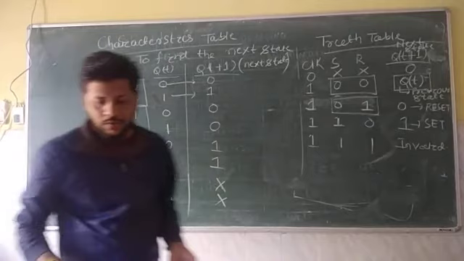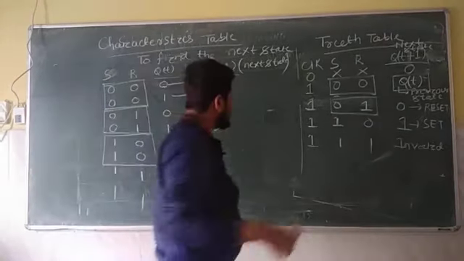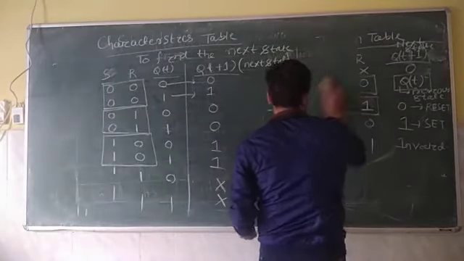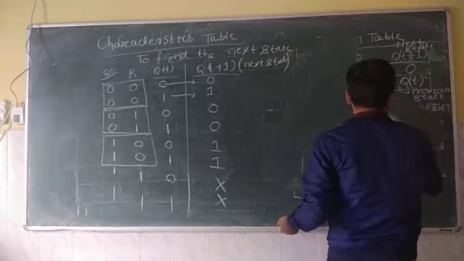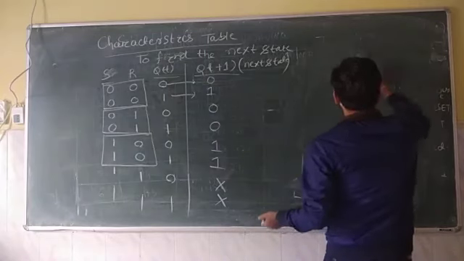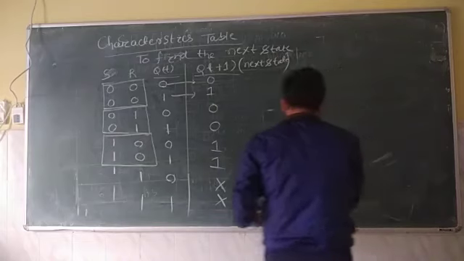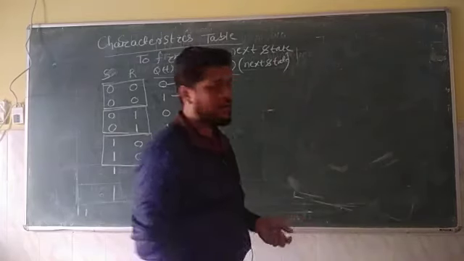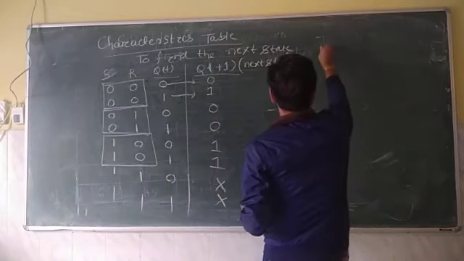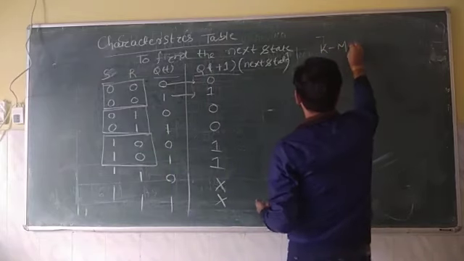So now I will construct the K map for Qt plus 1. So this is the output, and now I am going to write the equation. So how to write the equation? You have to construct the K map for Qt plus 1.